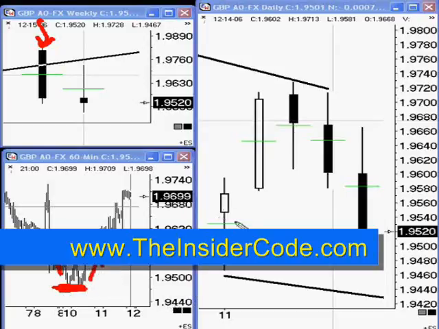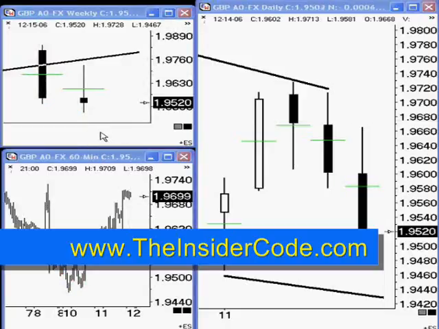When you're looking at price, especially on the weekly, you can see the momentum is down, it continues down, but then it gets reversed back up. So what we're going to do is take this, number one, in steps, and break it down into chunks and hopefully get into the flow of what happened in the marketplace. As the market is moving down to this low, you can see what happens.